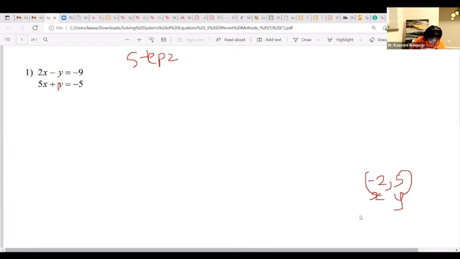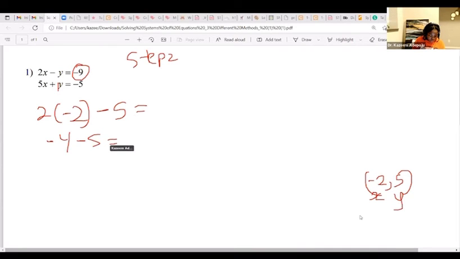Our former equation was 2, open a bracket, x is minus 2, close the bracket, minus y, which is 5. Let's see if what we got equals minus 9. So 2 times minus 2 is minus 4, minus 5 equals minus 9, just like what they got over here. So our answer works for equation 1.